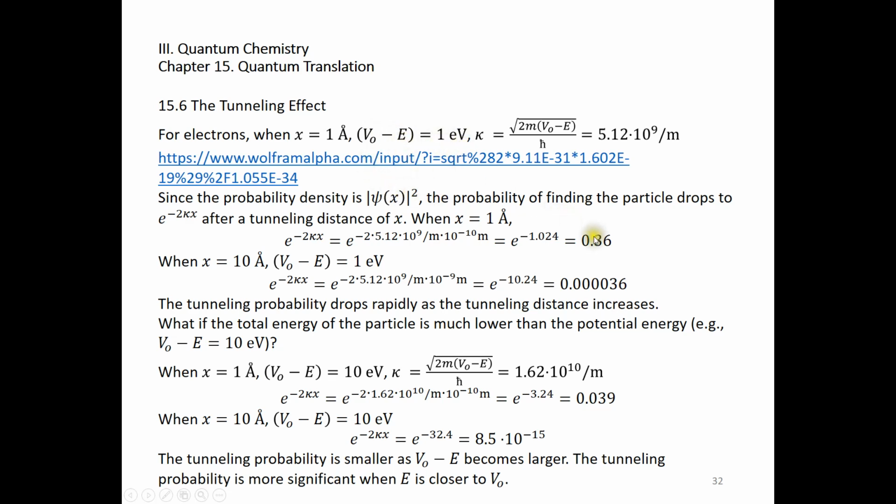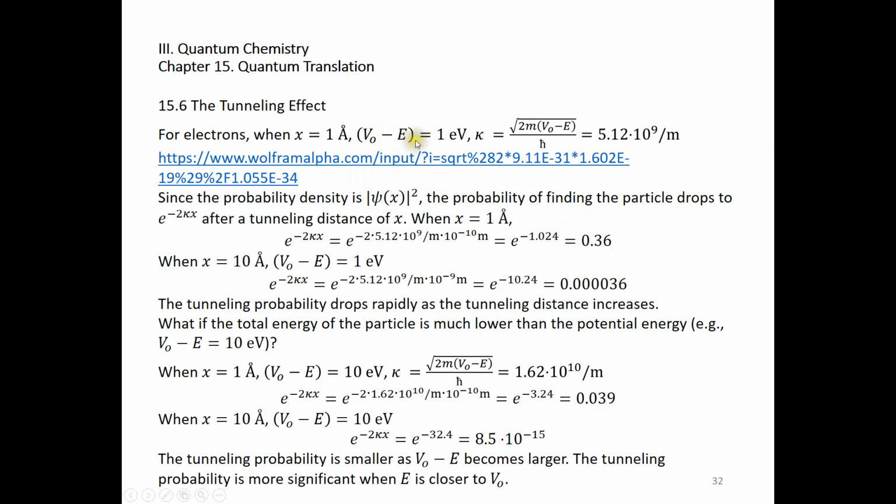So for an electron to tunnel through a barrier that's higher than the total energy by 1 electron volt, it's entirely possible. There's a 36% chance to see this electron appearing just 1 angstrom outside the box, even if its kinetic energy on paper is negative.